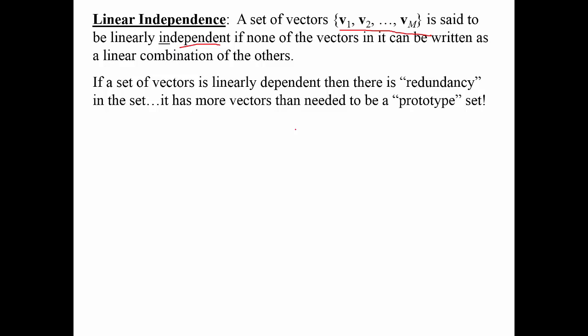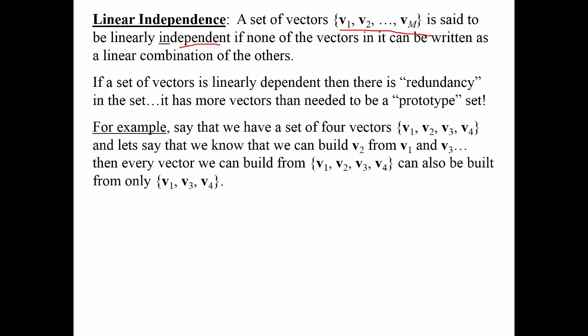There's something in there that I don't really need, and I could remove it. So let's say that we've got V1 through V4. Let's say that I could build V2 from V1 and V3. Well, anything I can build from all of those, I can just build from these three. If I think that I need V2, well, since V2 can be built from V1, V3, and V4, I don't really need V2.